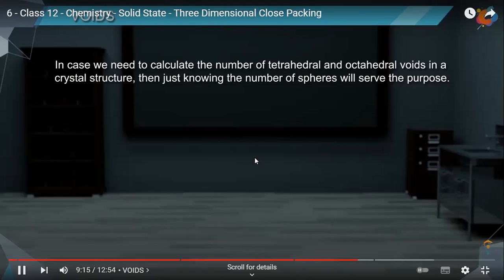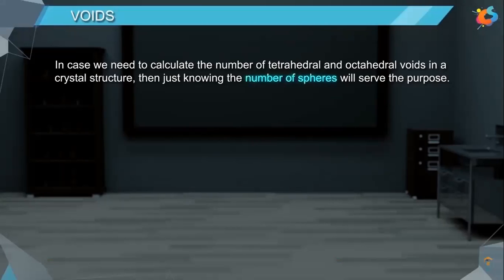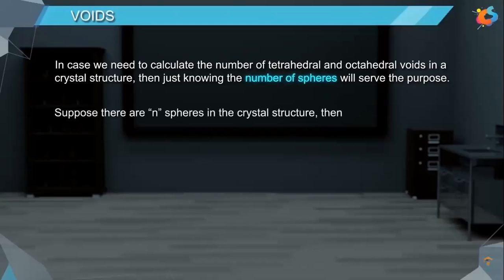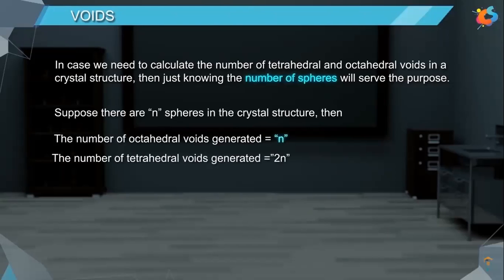Then just knowing the number of spheres will serve the purpose. Suppose there are n spheres in the crystal structure, then the number of octahedral voids generated is equal to n. The number of tetrahedral voids generated is equal to 2n.